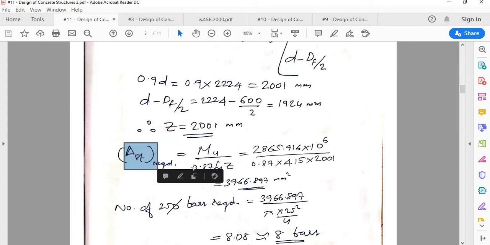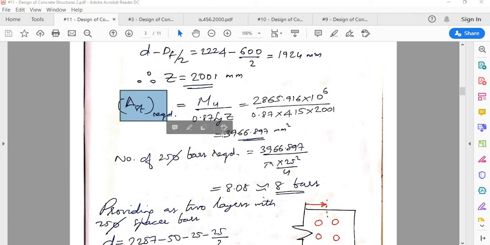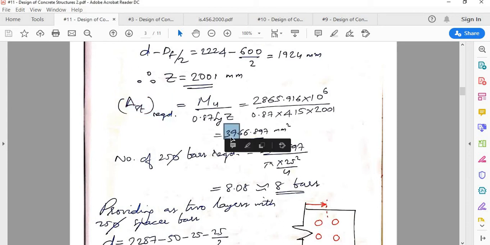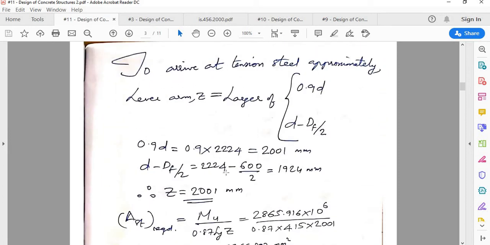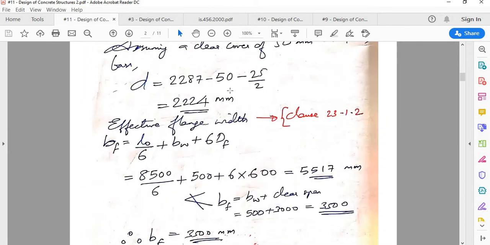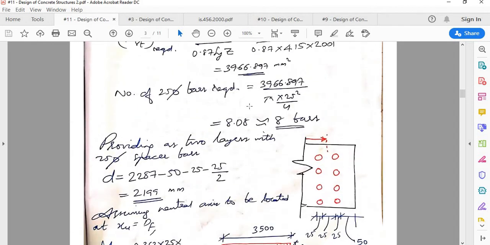So AST into 0.87 fy is the force. Using this relationship you can calculate AST required, which turns out to be 39.66 mm square. We had assumed a 25 dia bar here. So the number of bars required you can calculate, which turns out to be 8 bars.